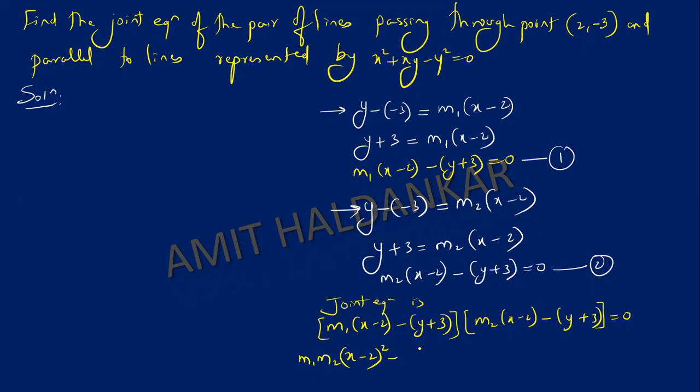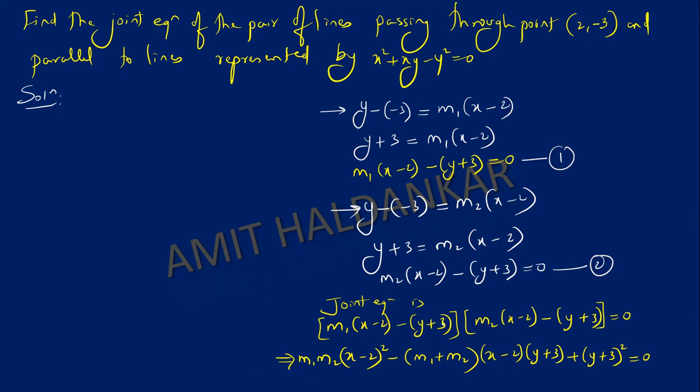If I take minus common, I'll get m1 plus m2 into x minus 2 into y plus 3, and plus, when you multiply the final two, you get y plus 3 the whole square is equal to 0. This is what you get finally when you multiply these two.